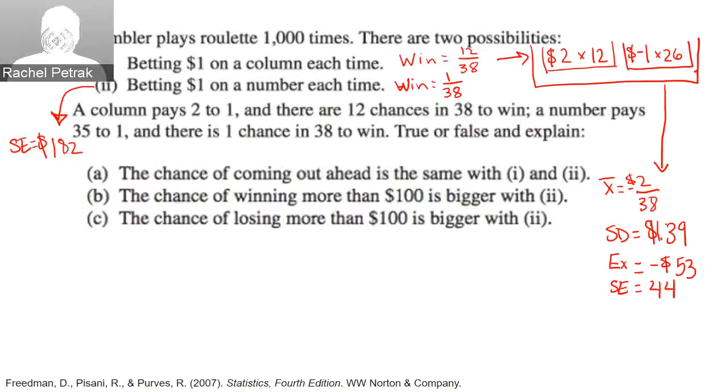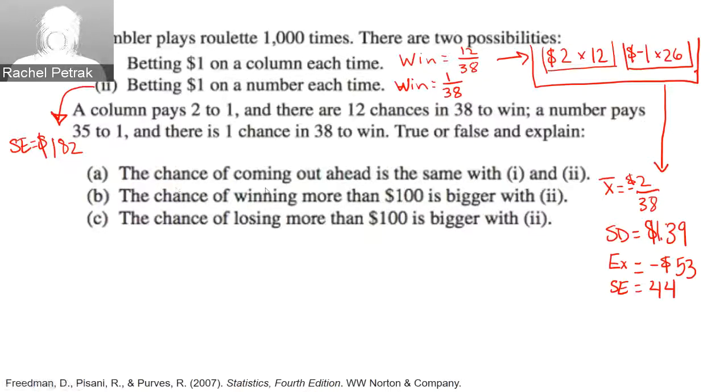Chance variability helps you overcome the negative expected value. So you're more likely to come out ahead with B. The chance variability also makes it more likely that you'll lose big.